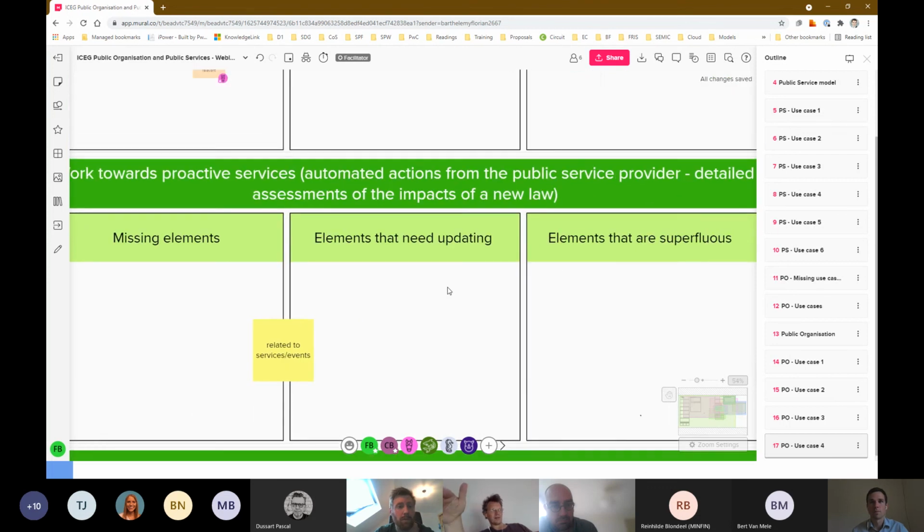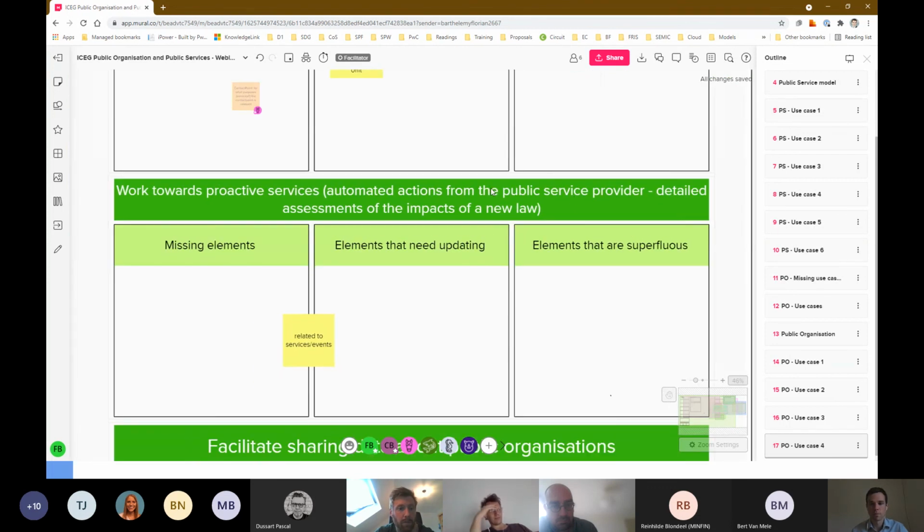But again, I follow Renilde for a part. It's not a use case for the model as such, but it can be a functionality to automate actions from new public law to create new public organizations in a registered domain.